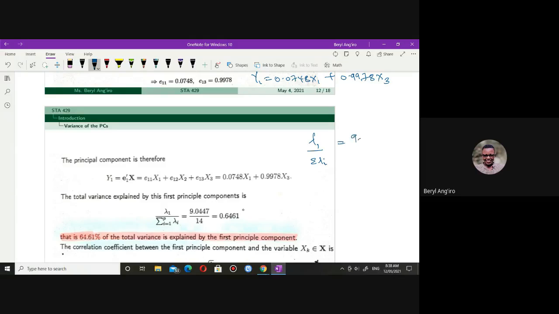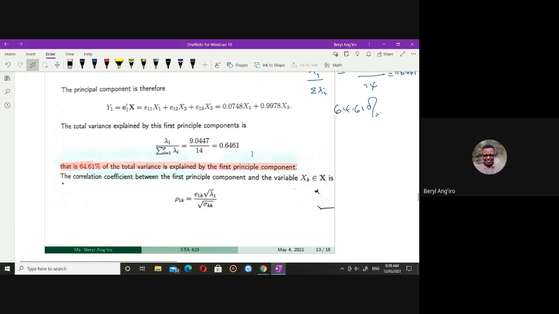The first eigenvalue is 9.044447, and the total was 14. So we have that 64.61% of the total variance is explained by the first principal component. Then the other principal components will explain the rest.